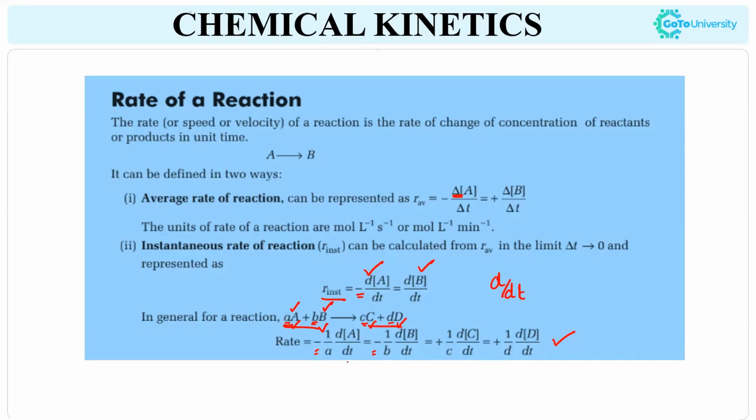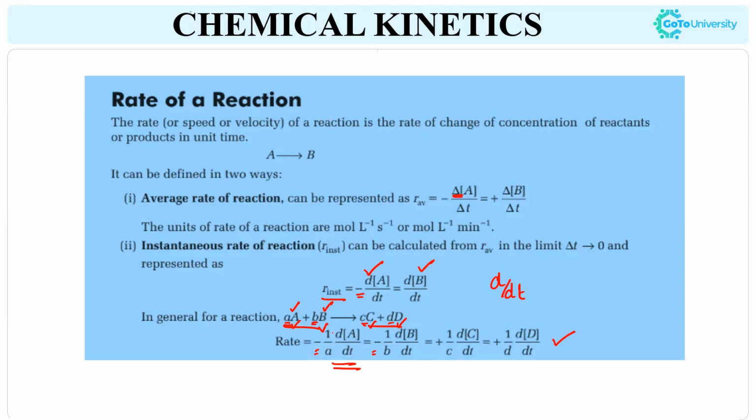So if you are writing the rate of the reaction in terms of A, that will be minus 1 by a dA divided by dt. This is the instantaneous rate. We are not writing delta, we are writing d. That is the instantaneous rate of the reaction with respect to the concentration of the reactant A.